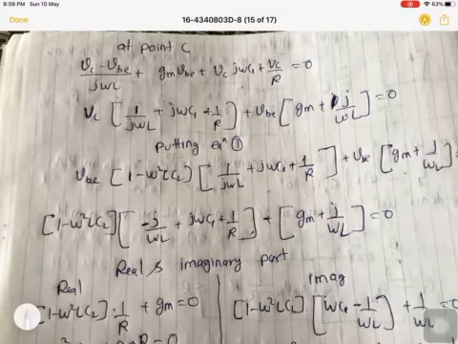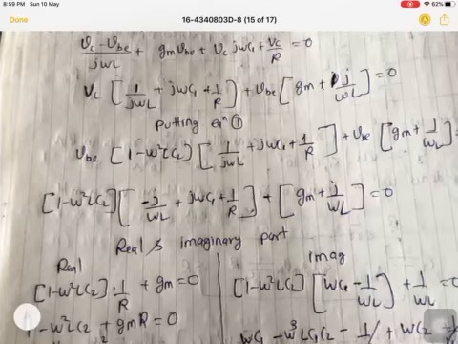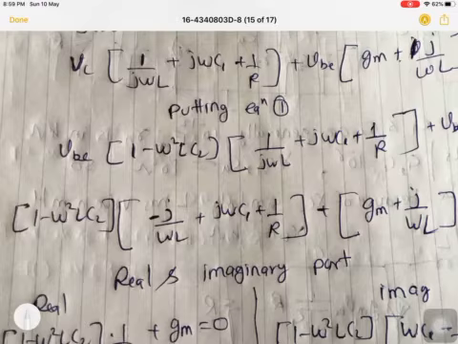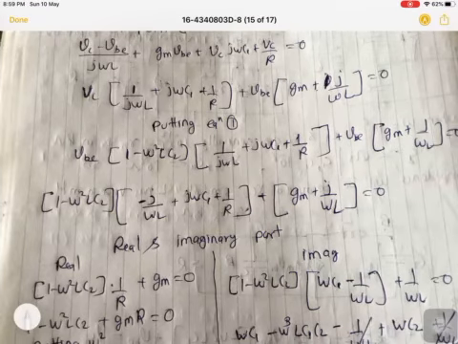equals 0. Now putting the value of equation 1 in Vc. So Vb times 1 minus omega square L C2 plus this 1 upon j omega L plus j omega C plus 1 by R, plus Vb times Gm plus j omega L equals 0.